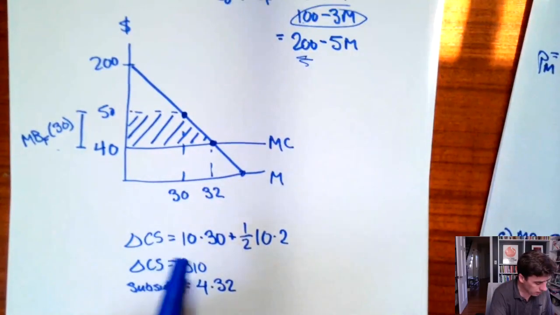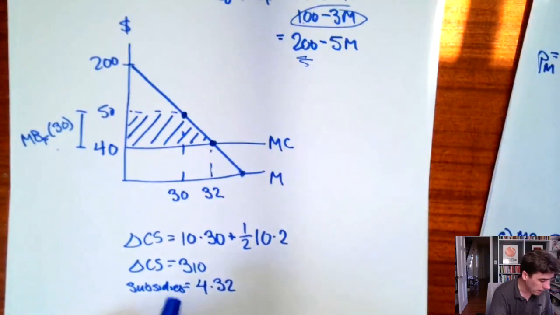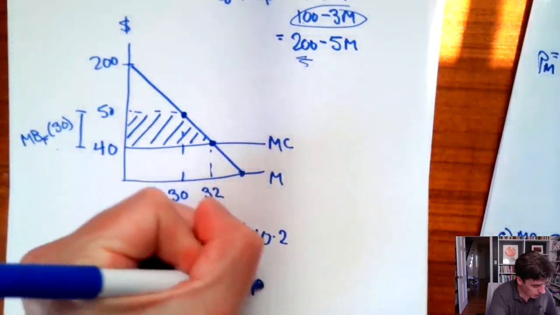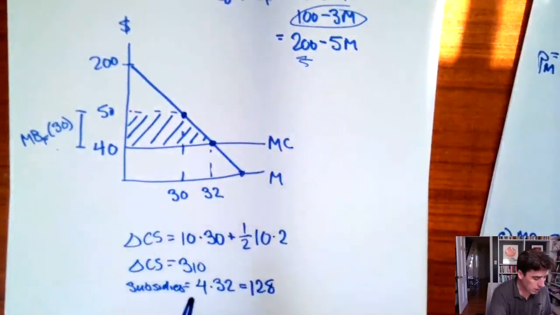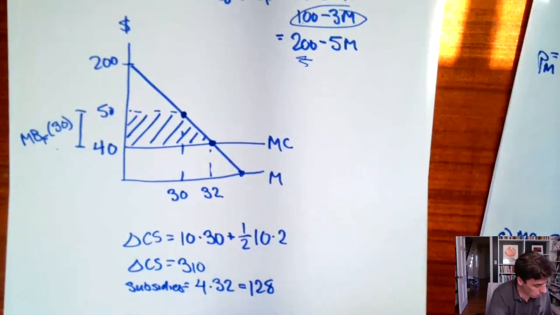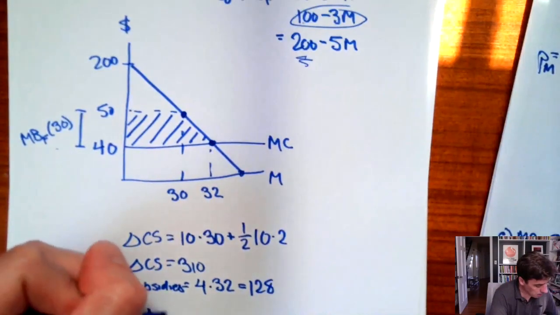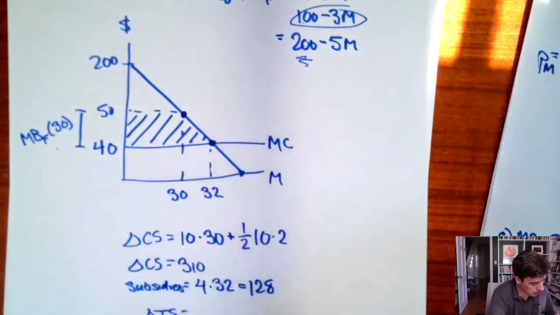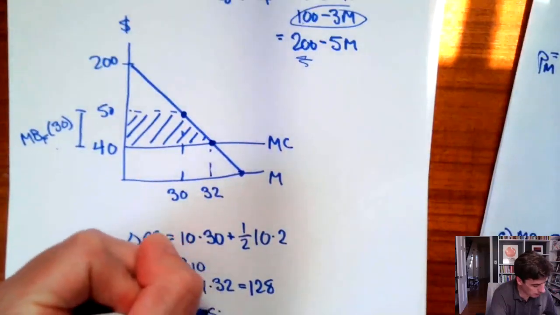So let's figure this out. 4 times 30 is going to be 120, plus another 4 times 2 is going to be another 8. So that's going to be 128. Once again, you could use a calculator here. You could also just leave it as 4 times 32. Okay? So what's our overall change in total surplus? Well, that change in consumer surplus was positive, right?